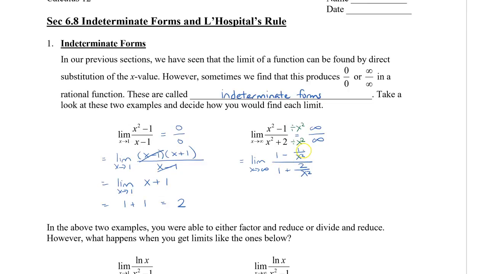As x approaches infinity, these two terms get very, very big in the denominator, so the whole term becomes 0. So we have 1 divided by 1, which means that the limit of this is 1. Now, in these two examples, we can factor and reduce, or we can divide and reduce.